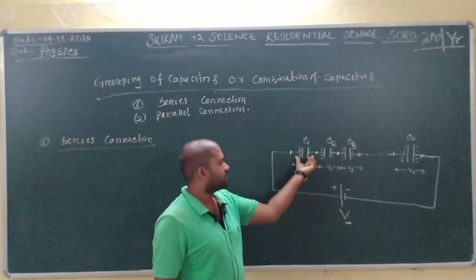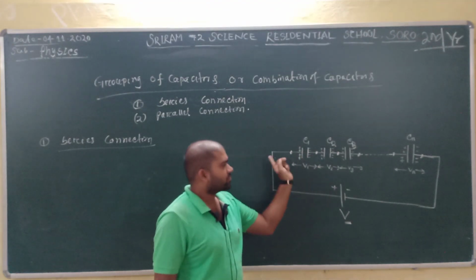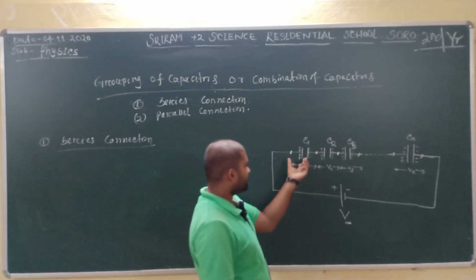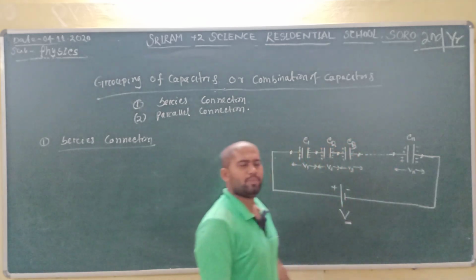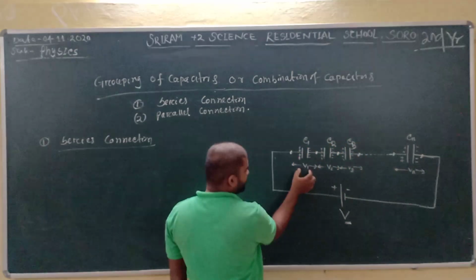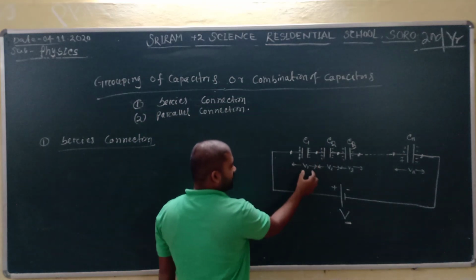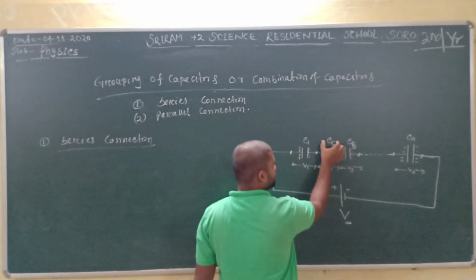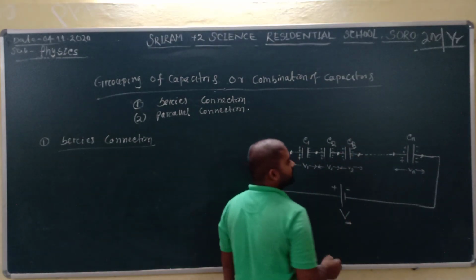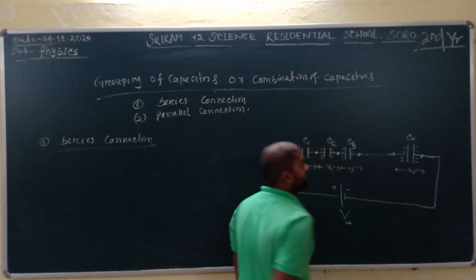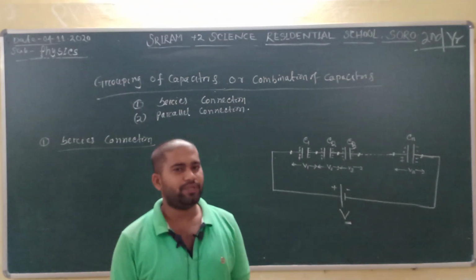Each capacitor is connected over one wire, so they create small potential differences. The potential difference for capacitor C1 is V1, for C2 is V2, for C3 is V3, and for capacitor Cn is Vn.